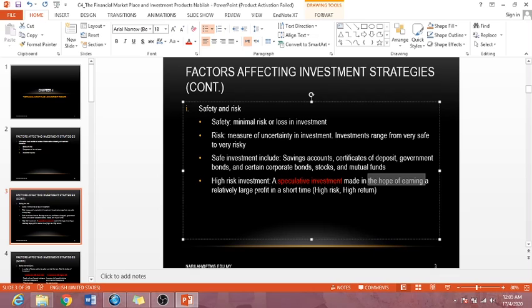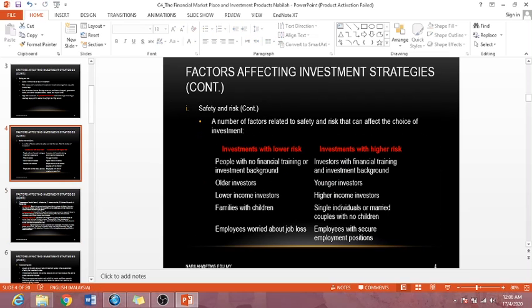We are still in the first factor, which is safety and risk. Now, these are the choice factors related to safety and risk that can affect the choice of investment, meaning whether you want to invest in low risk or high risk. What types of factors involve lower risk, and what factors involve higher risk?